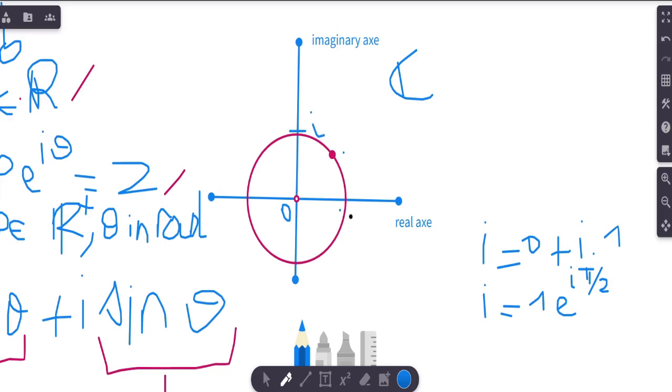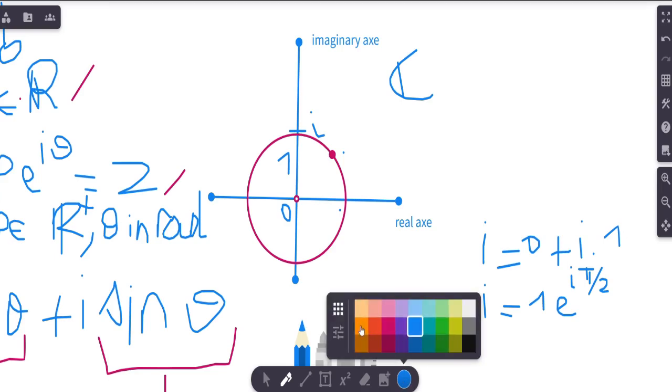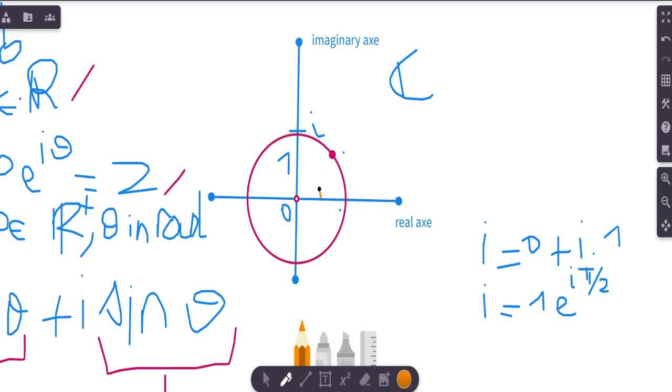So the real part is 0 and the imaginary part is 1. So this is 1 here. The distance here is 1. And this angle would be in radian pi divided by 2.